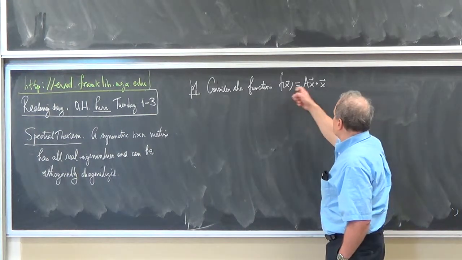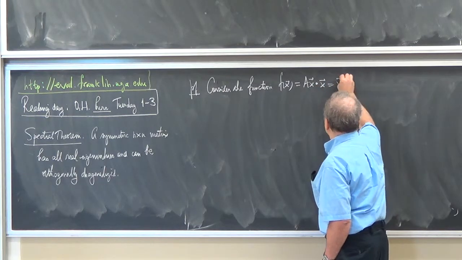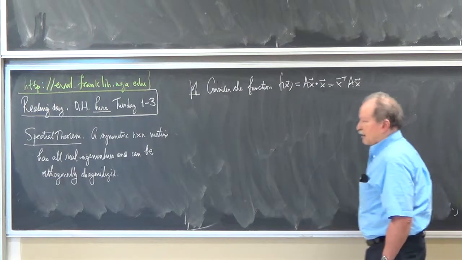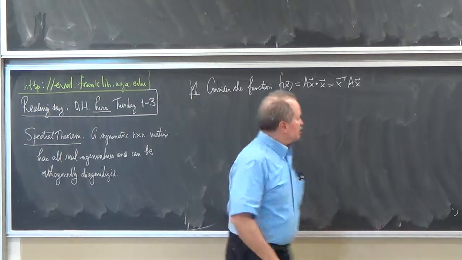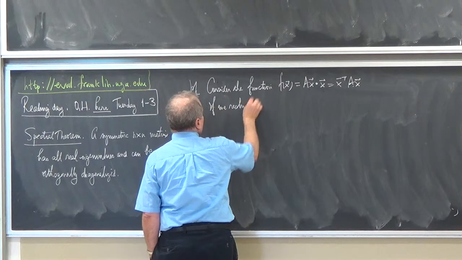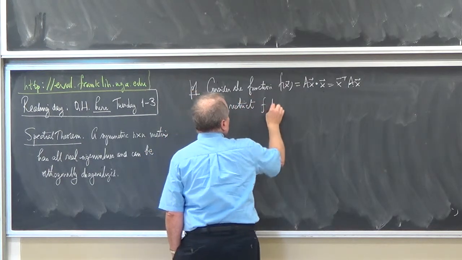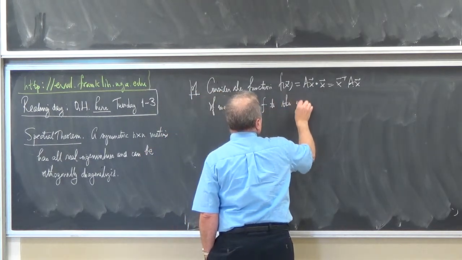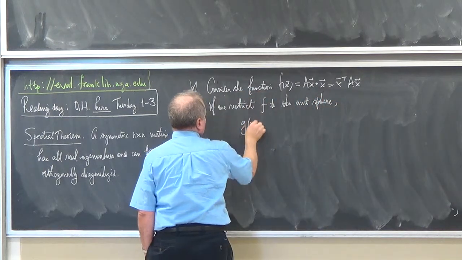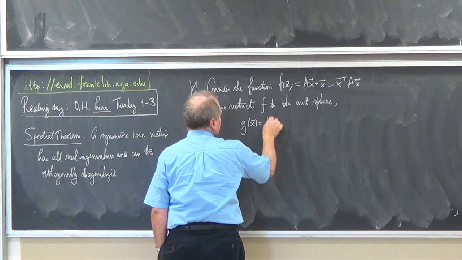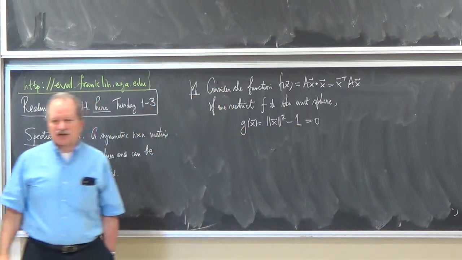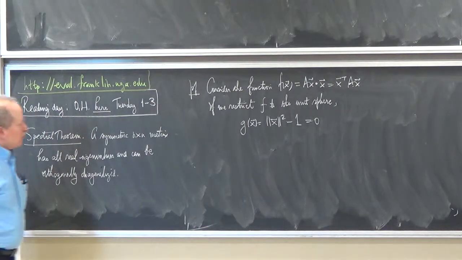Consider the function which takes x to Ax dot x, which is the same as x transpose Ax, of course. And what I want to claim is, if we restrict F to the unit sphere, which is given as a level set of the function g that takes the length squared of x, what is true?